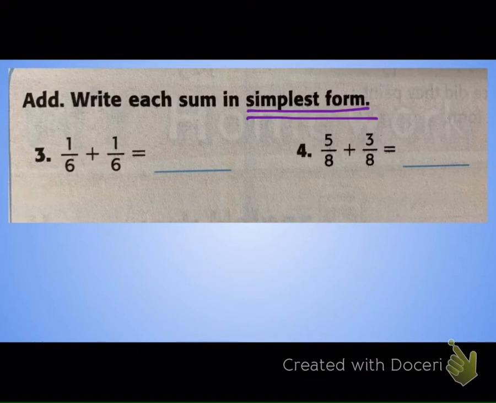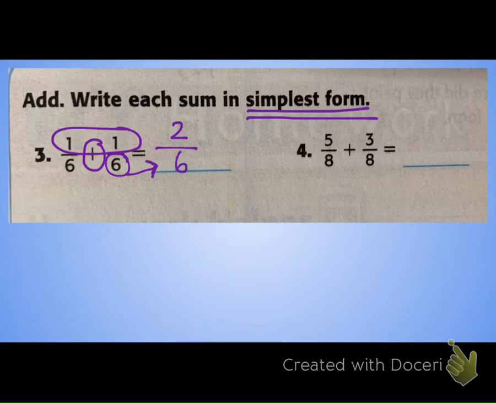All right, so let's go ahead and add this first one. Notice we are adding, so we are taking our numerators, the top of our fraction, and we're going to go ahead and add 1 plus 1. Our 6, that just goes right into our denominator, does not change. So we have 2/6. And we've got to ask ourselves, is there a common factor between 2 and 6?